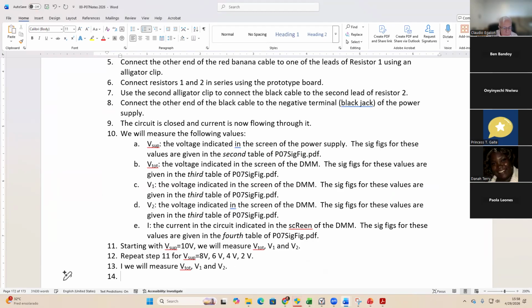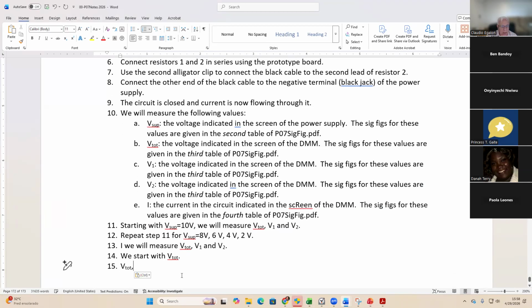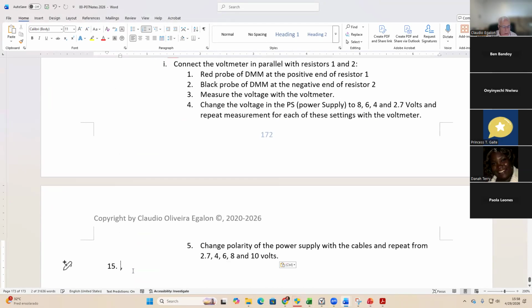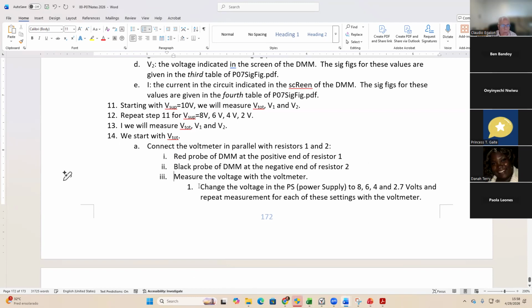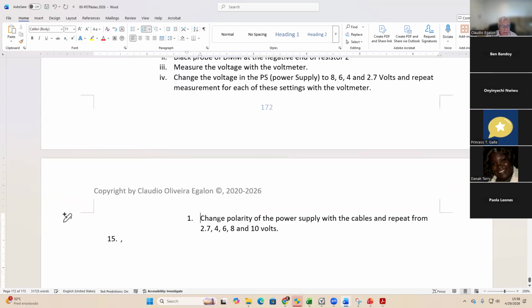We start with V total. Change the polarity.